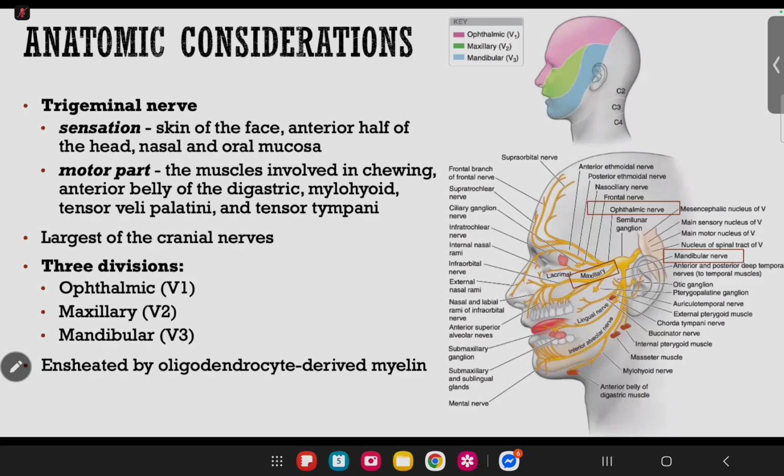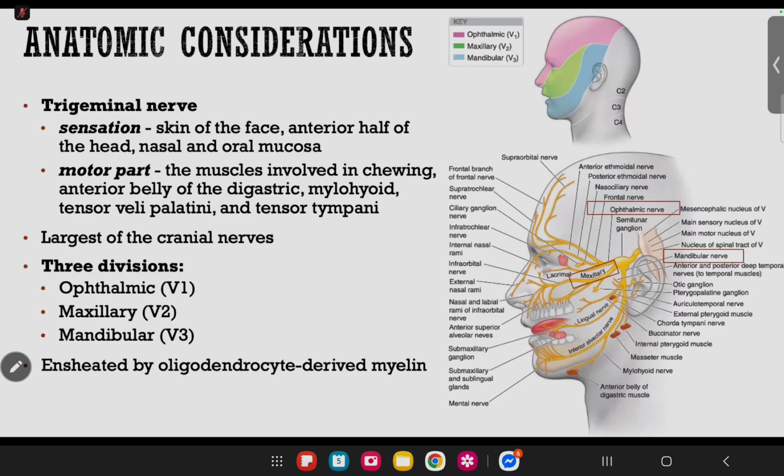So the trigeminal nerve is the largest of the cranial nerves. And the nerve divides into 3 divisions, as you can see in the figure. So we have the ophthalmic, or your V1, the maxillary, your V2, and the mandibular nerve, or your V3.